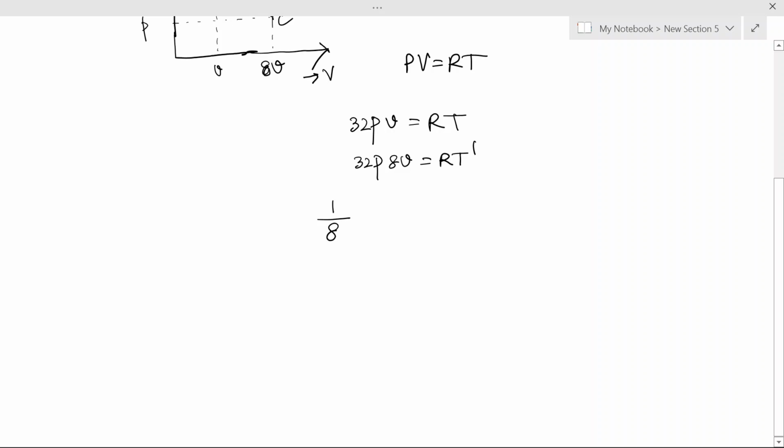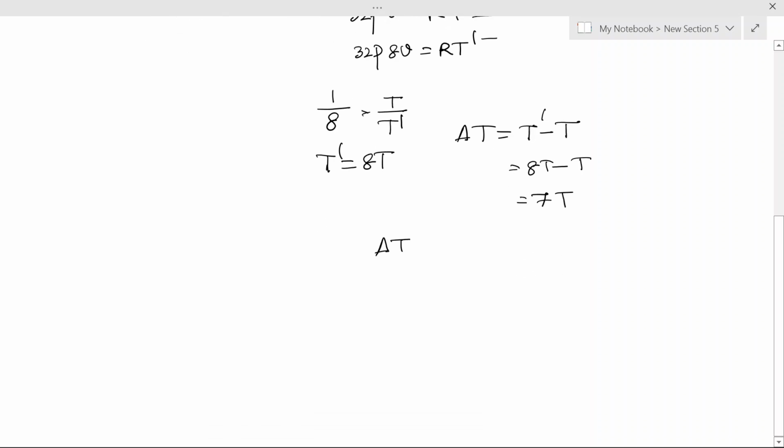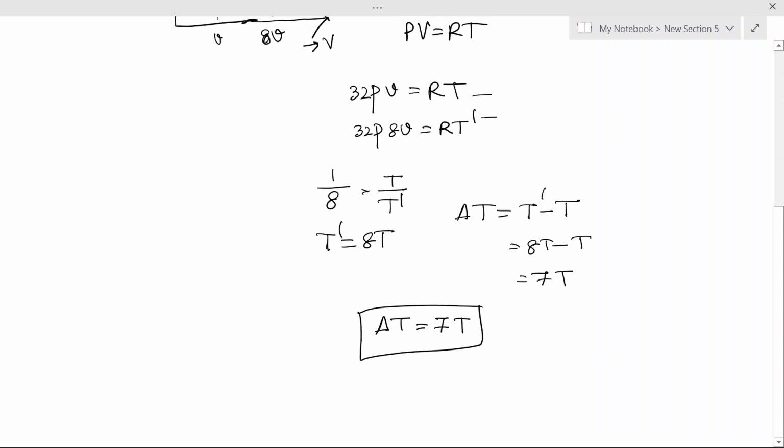By dividing, we get 1/8 = T/T prime, right? So T prime is equal to 8T. So delta T is equal to T prime minus T is equal to 8T minus T is equal to 7T. So delta T is equal to 7T. This is what we have found.